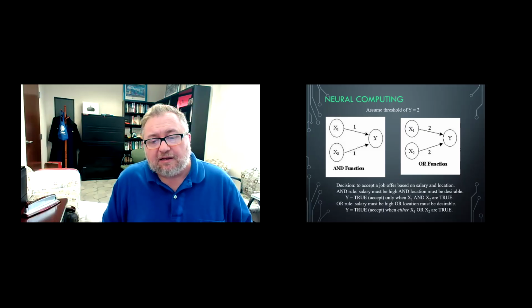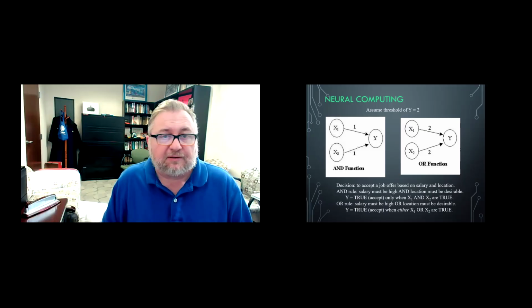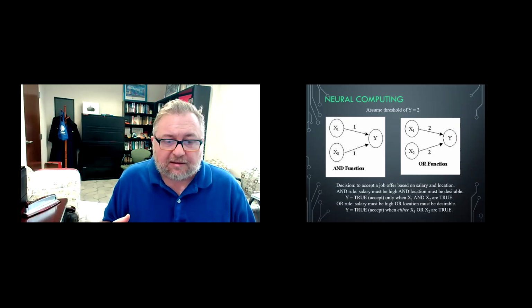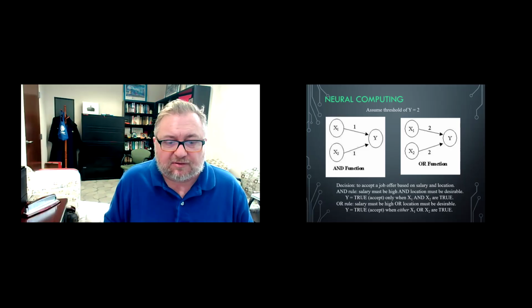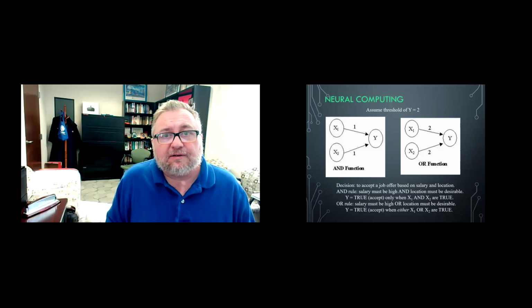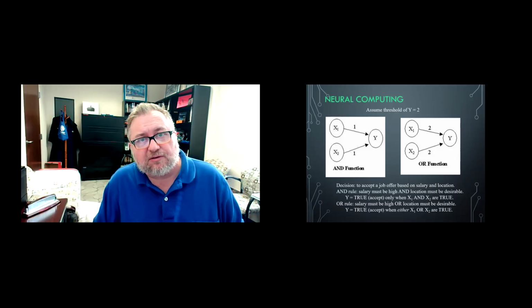So let's say you're in the position of applying for jobs, and you are getting job offers. Hopefully you get lots of good job offers coming in. And what you want is you want a good salary, but you also want a good location.